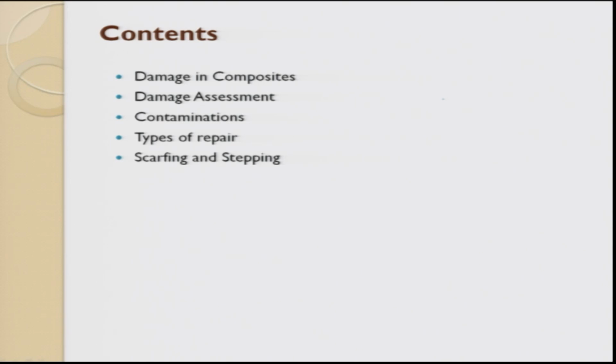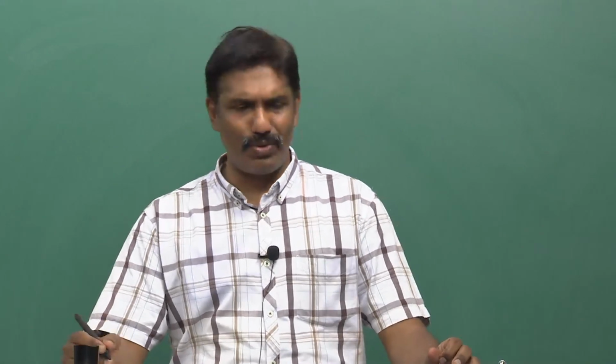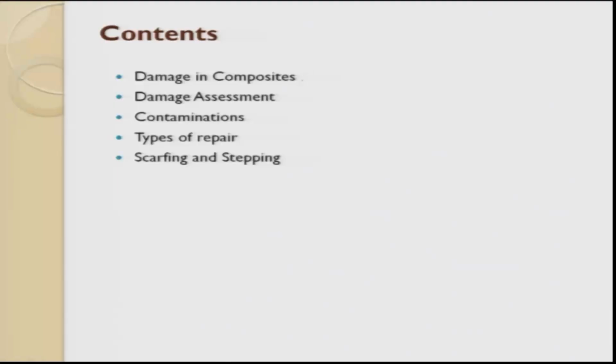In this lecture we will focus on, if there is a damage to a large extent, how do we try to remove that damage or cover it up such that we enhance the longevity of usage. The content of this presentation is going to be damage in composites. What are the different types of damages? One, it can be on the surface. Two, it can be in between, that is to say in the core, and then start growing, which is quite common in sandwich structures.